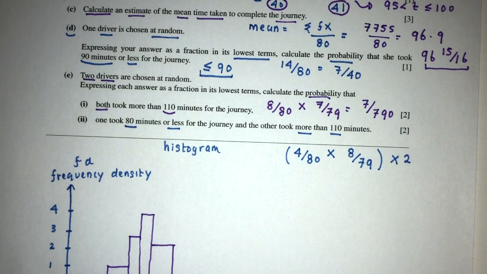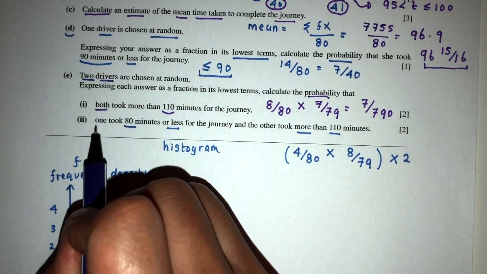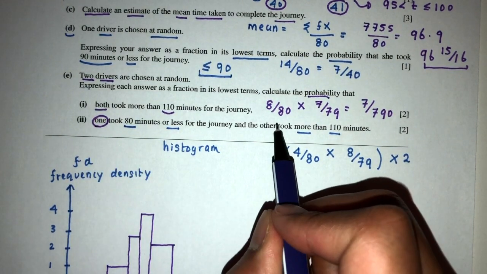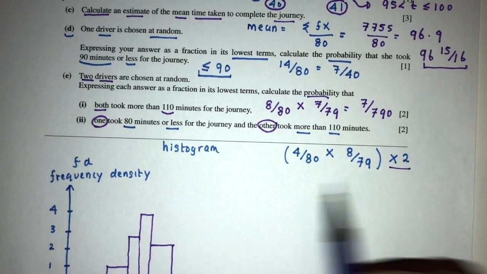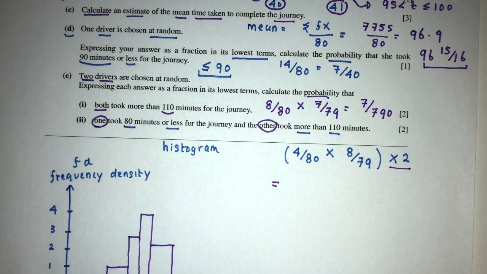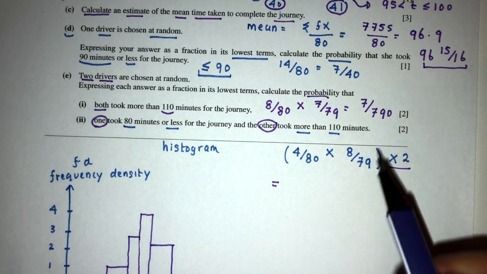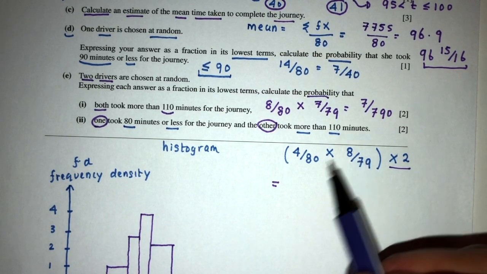But of course you have to multiply by 2. Whenever you see one and the other, this is one way to remember, multiply by 2 to find the answer. The reason why is because we look at them as separate people. So basically what we mean is that it could be the reverse order.